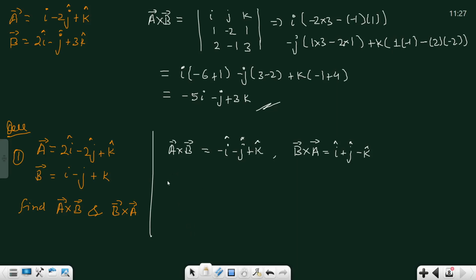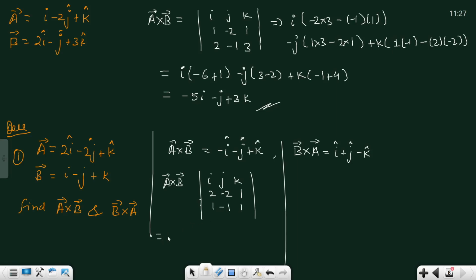So first we will go for A cross B. So i, j, k, 2, minus 2, 1, minus 1, 1, 1.